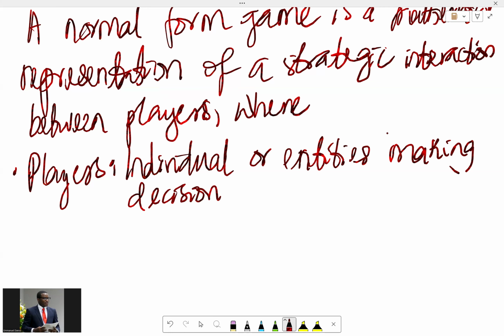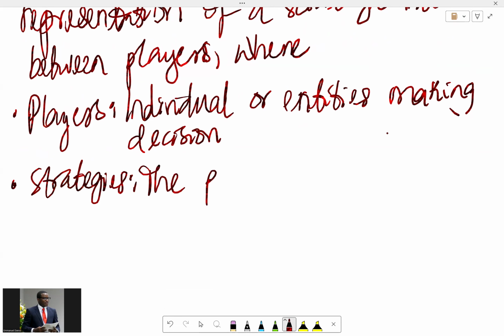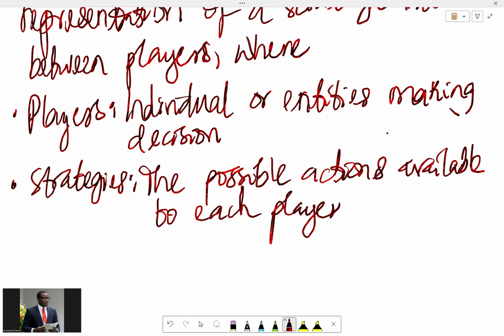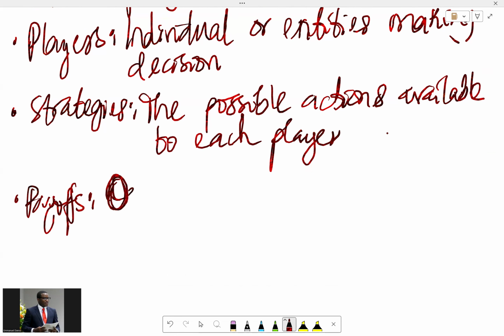Okay. Then next, we have strategies, just like we saw in the previous video. We have strategies, which are the possible actions available to each player. Then we have payoffs.